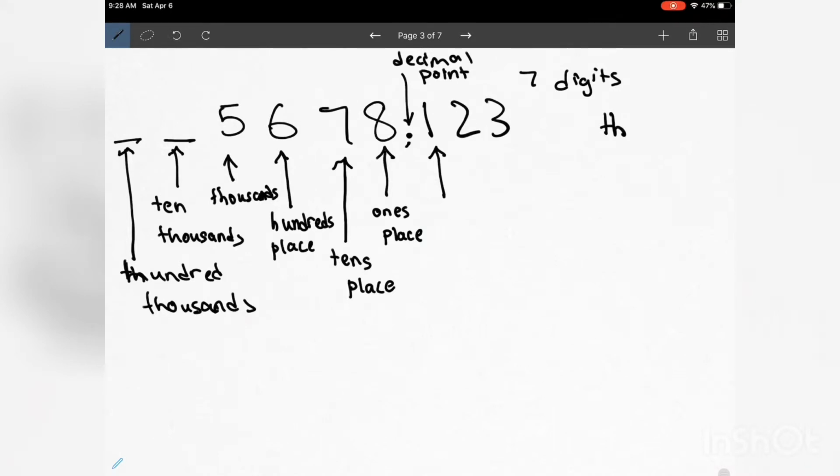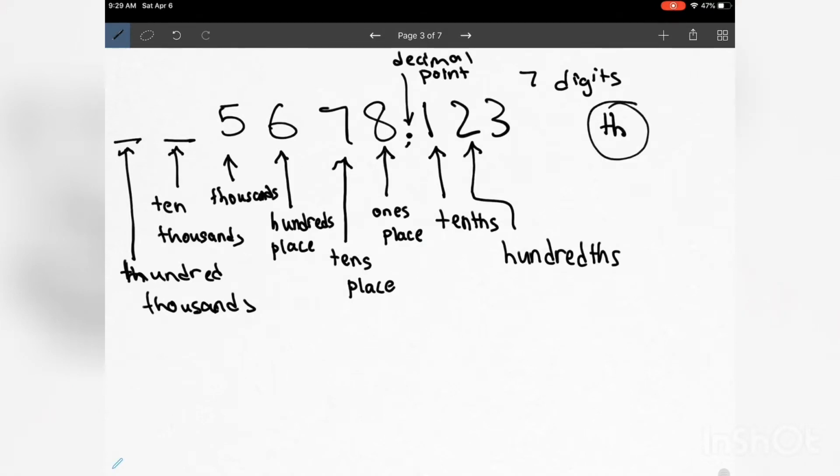Let's take that out of there. This would actually be the tenths place. So this would become the hundredths place. And as you can see, after the tens place, everything goes in order except there's a TH that is being added.